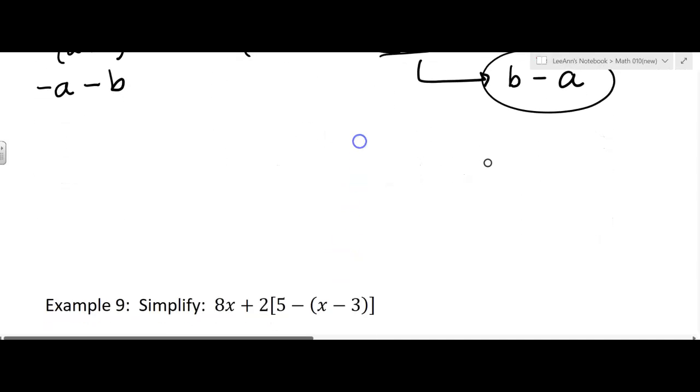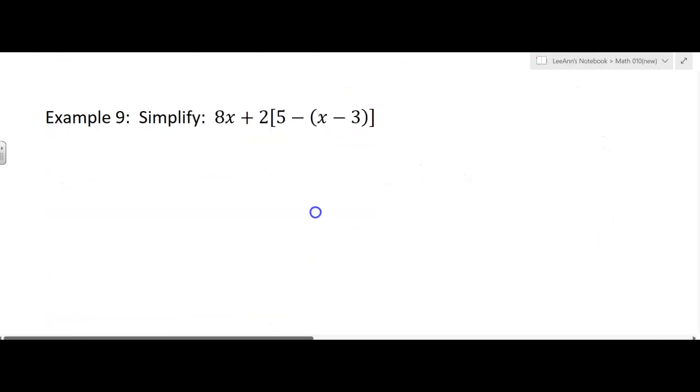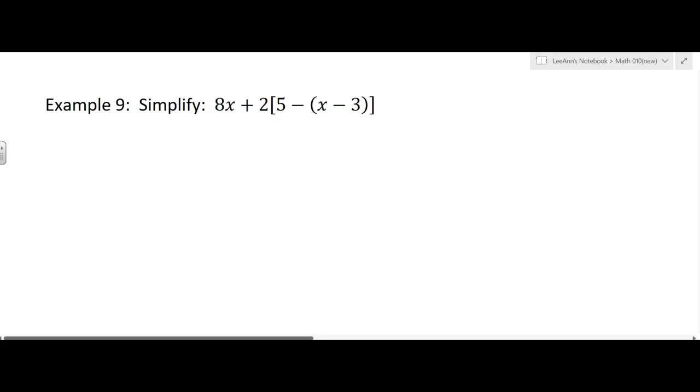Okay? All right, so here comes an example. We've got lots of subtraction signs in here, so we can play around with it a little bit. And we've got some order of operations going on, and we also have some like terms. It looks like we're going to have some like terms. Okay, so we're going to start inside these brackets, these square brackets, and then we're going to look right here at the parentheses.